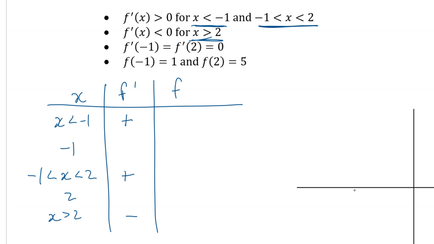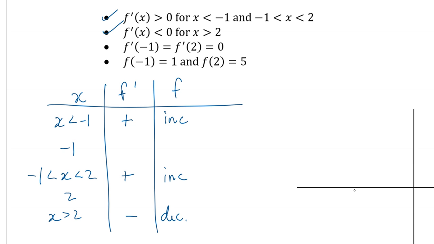If the derivative is positive, the function is increasing. If the derivative is negative, it's decreasing. Okay, that was line 1 and bullet point 1 and bullet point 2 summarized.